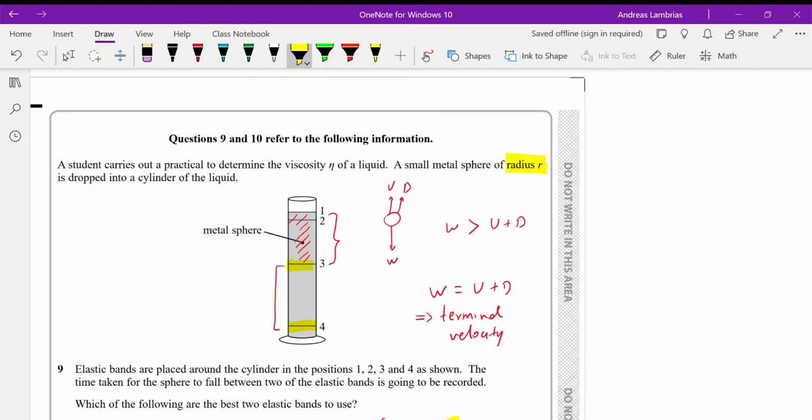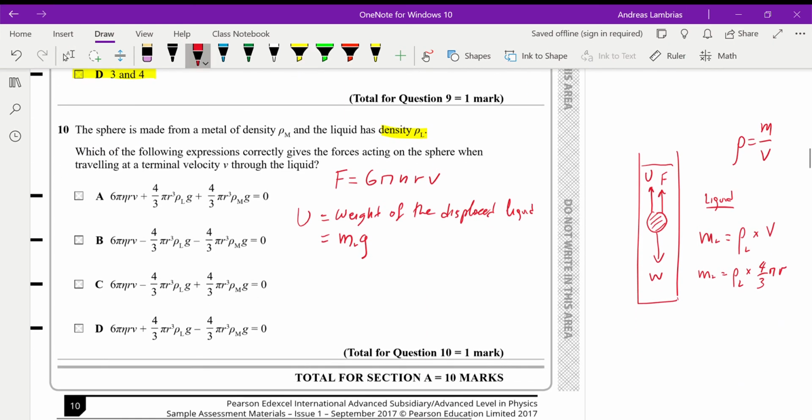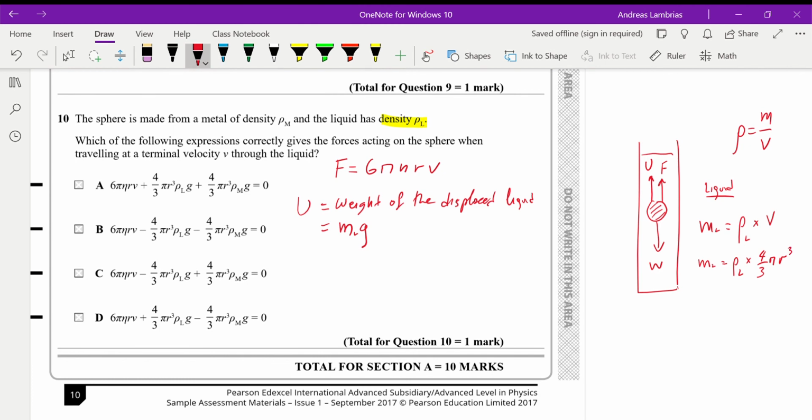So therefore the equation for the upthrust, if I substitute mass with that value over there, is 4 over 3 pi r cubed times the density of the liquid times g. I'm substituting m; this is my m, as I can see from here.